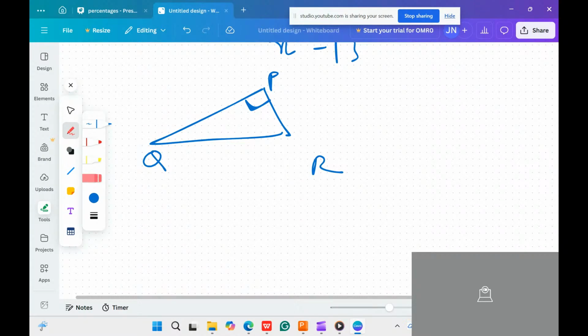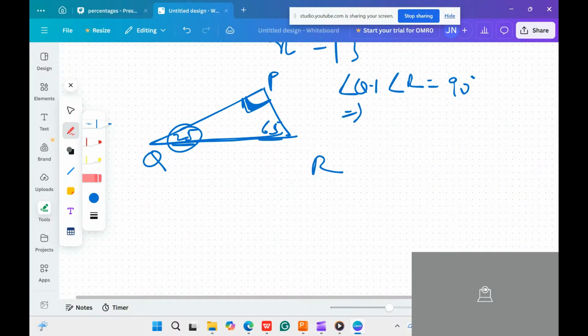Obviously, this is quite clear that because this is 25, this is 65, sum of these two is 90. Angle Q plus angle R makes 90. So that implies that angle P is also equal to 90 degrees. Okay.